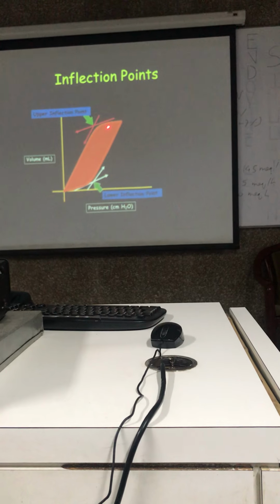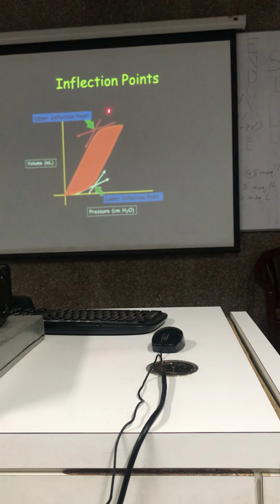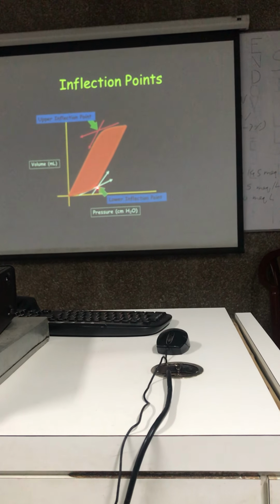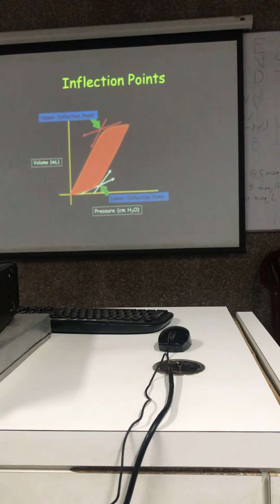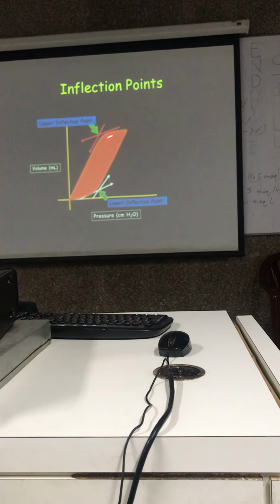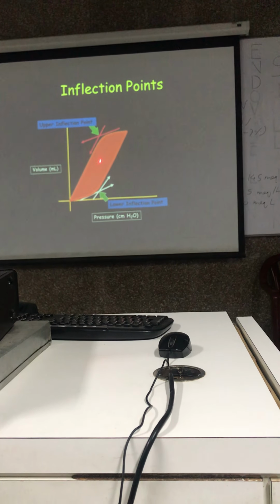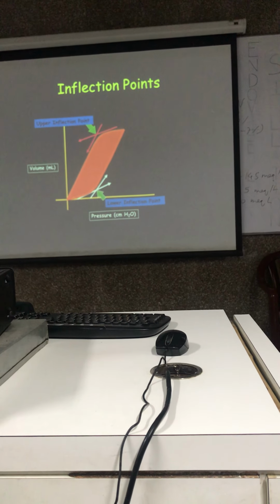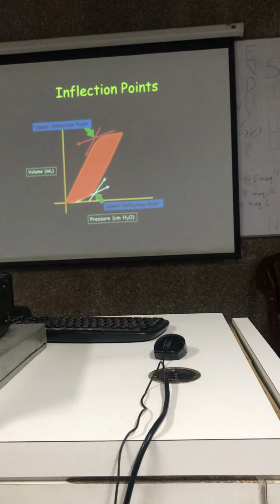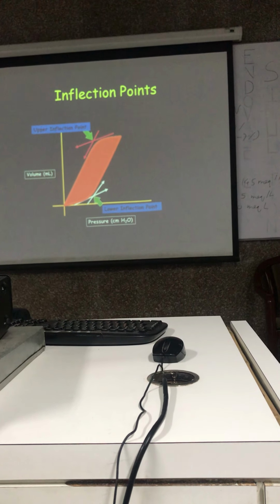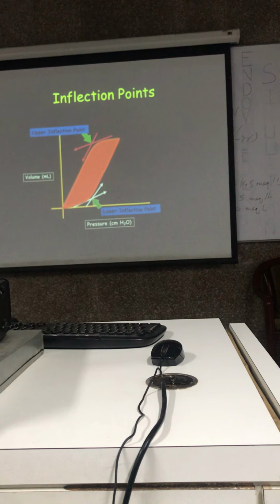So, by looking at your upper and lower inflection points, people would keep the PEEP just slightly above the lower inflection point and would not allow the tidal volume to push the upper inflection point up. So based on the upper inflection point, they would decide how much tidal volume to use. But most of the studies have not proven that that's really a great method of doing it.